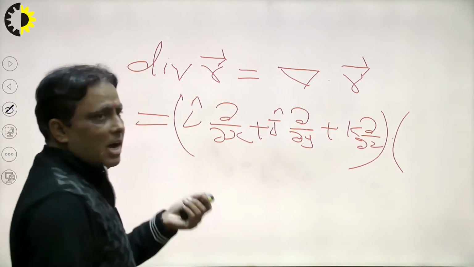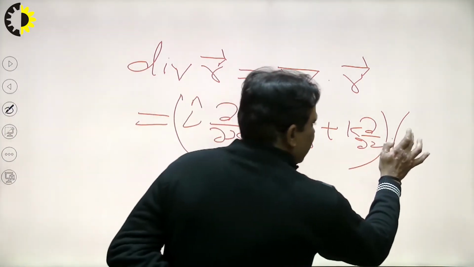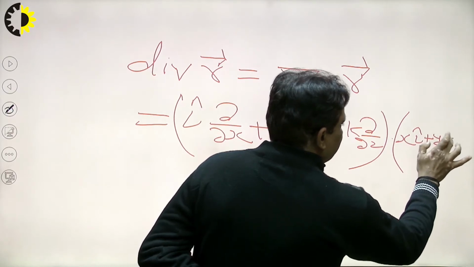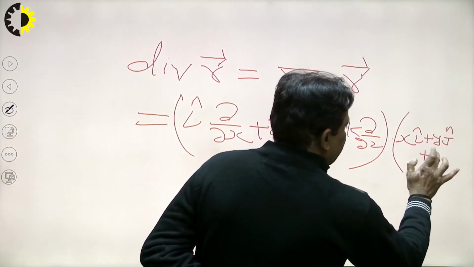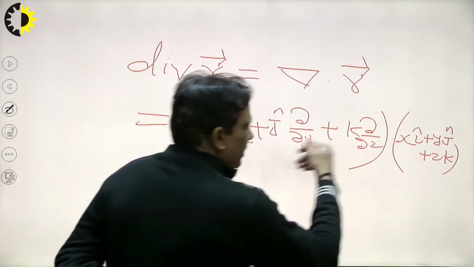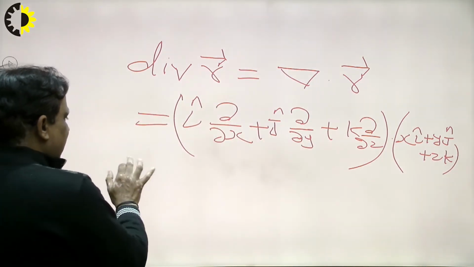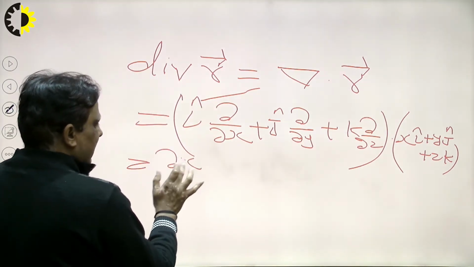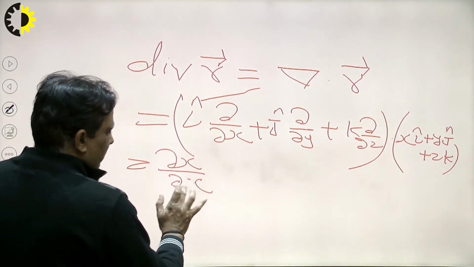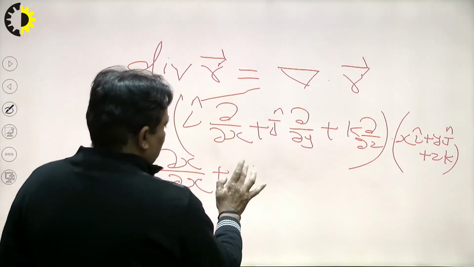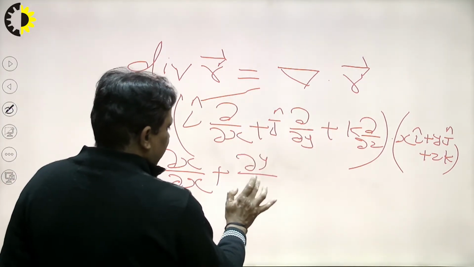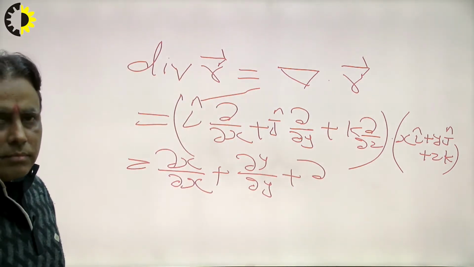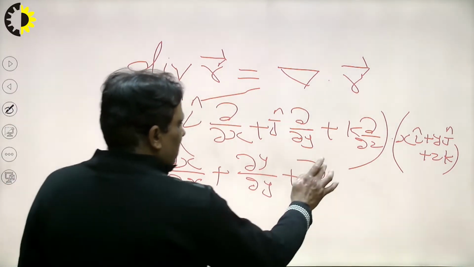What is vector r? r is x i cap, students study this in the 12th level, plus y j cap plus z k cap. The dot product of two vectors: i dot i is 1, j dot j is 1. So we get del x upon del x plus del y over del y plus del z upon del z.